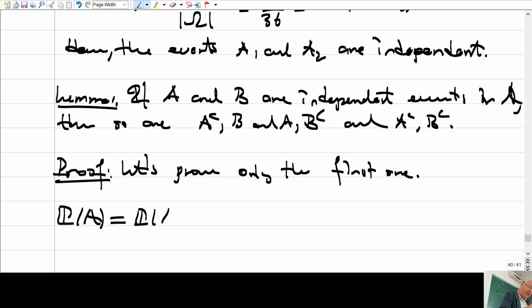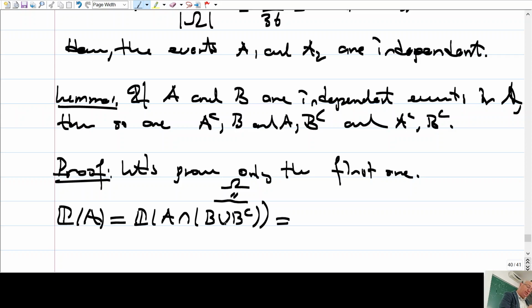Well, PA is the same thing as P(A intersection B) union (A intersection B complement). Why is that? Because B union B complement is omega, and A is of course equal to A intersection omega.